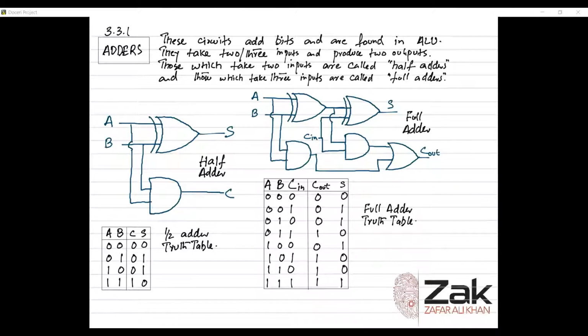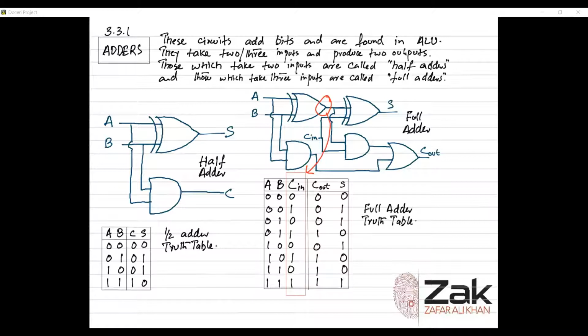Okay. Now, in this case, if you pay attention, this particular bit is actually the output. Do you see what C in is? Hold on.